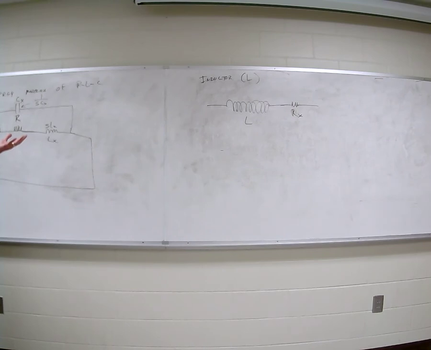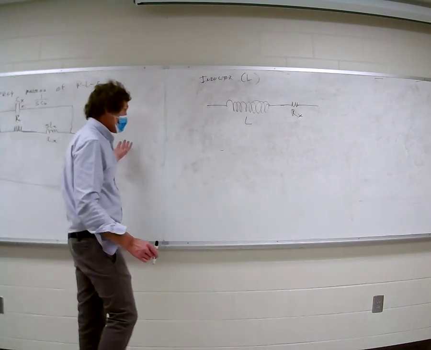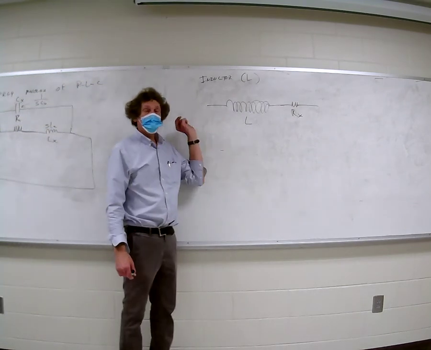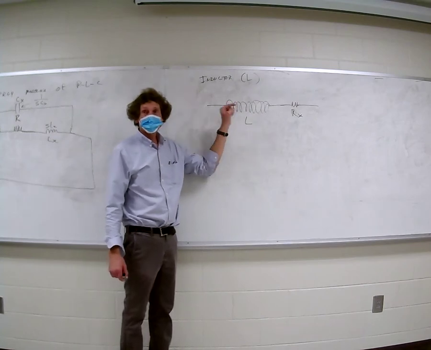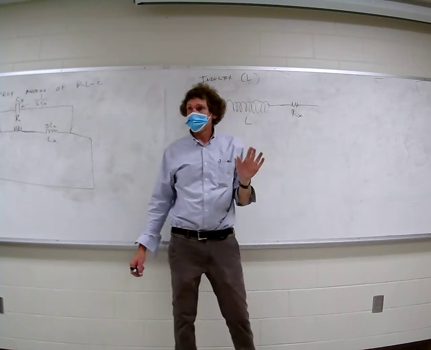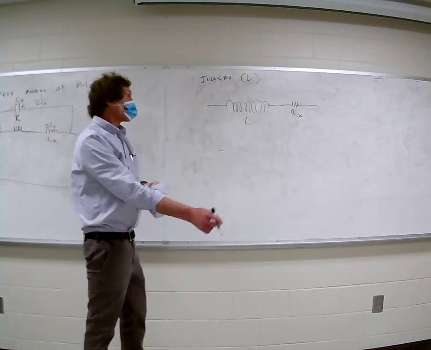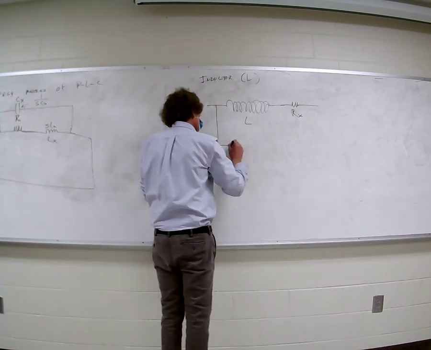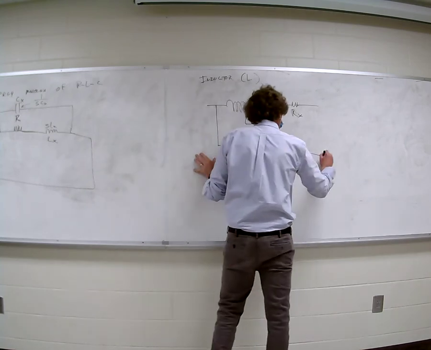You can't get rid of it. And the more resistance, the worse things act like an inductor. That's the general truth. Now there's also something else. If you're passing current through this, you'll develop a plus to minus voltage, right? So there's also capacitance, and it's unwanted.